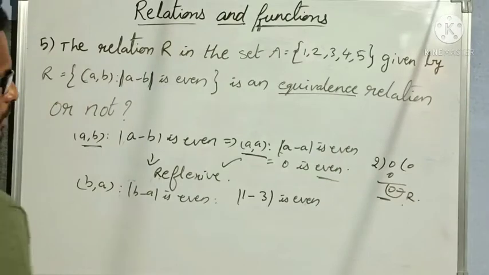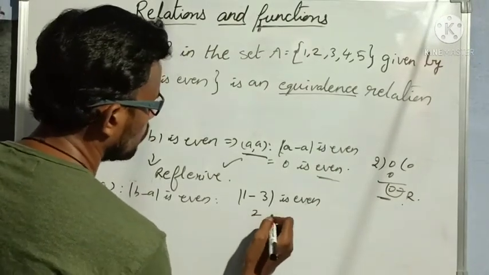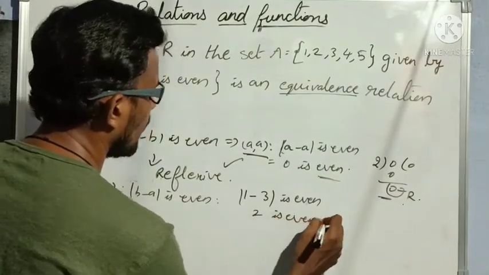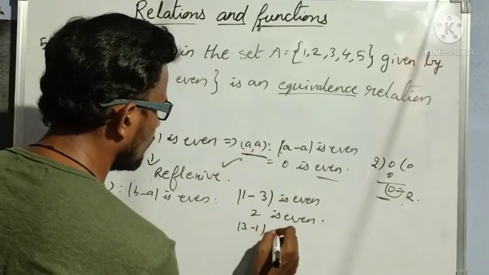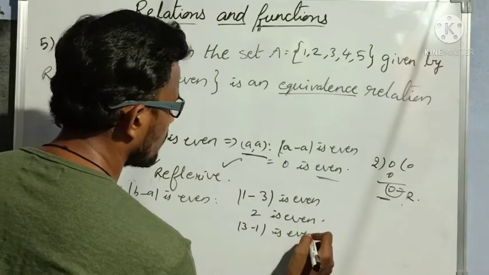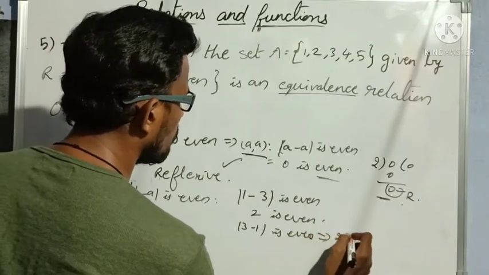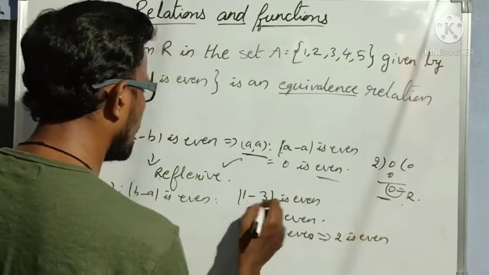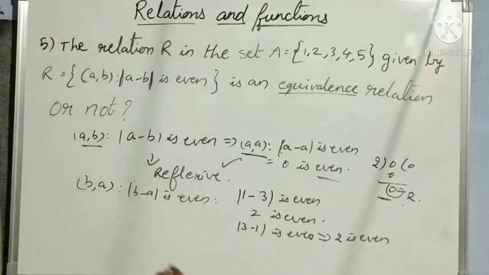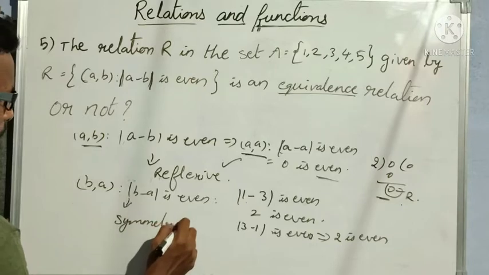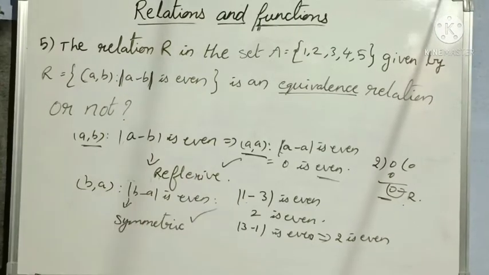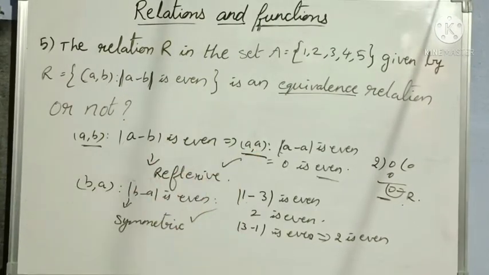Correct? 1 minus 3 is minus 2, so modulus means 2. 2 is even. Next, if I reverse this, modulus of 3 minus 1 is even. This implies 3 minus 1 is 2, so 2 is even. So whether I write (1, 3) or (3, 1), I am getting an even number. So this is symmetric. Here we are getting symmetric and reflexive satisfied.